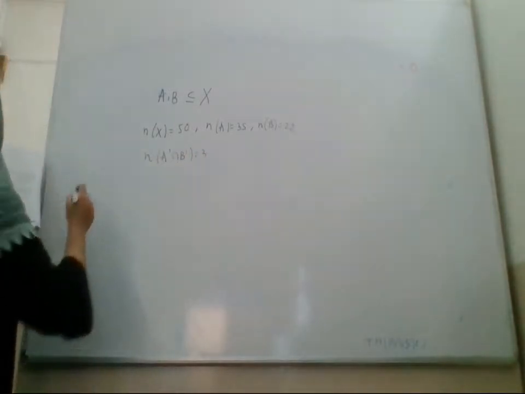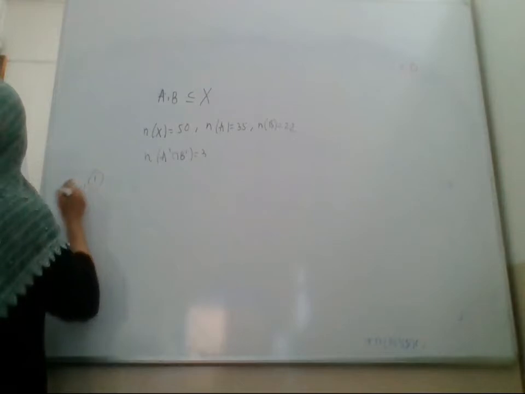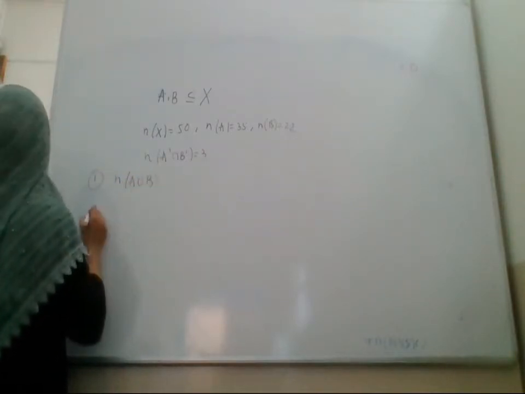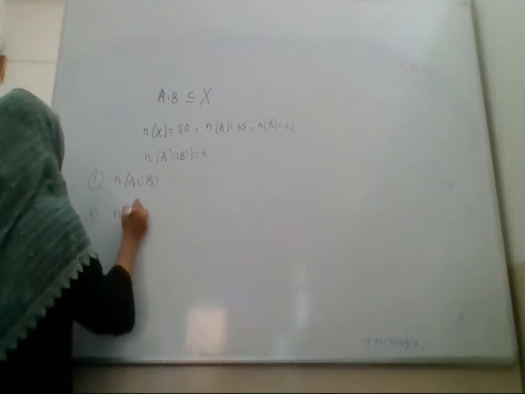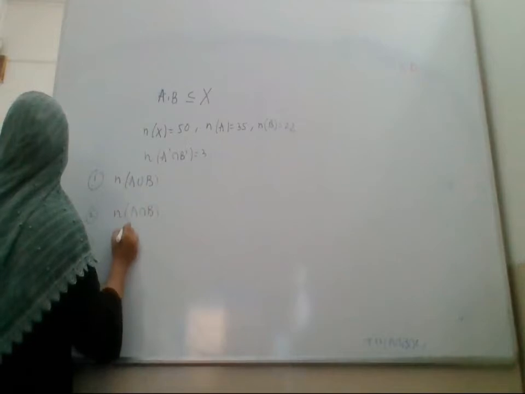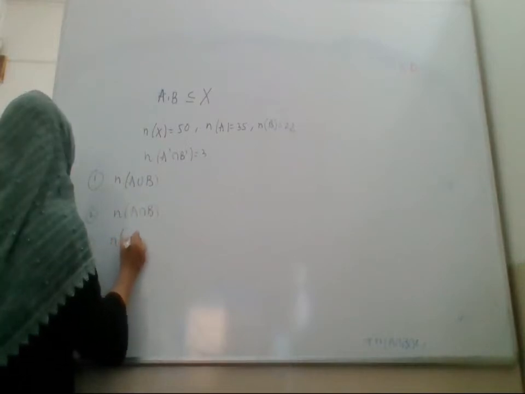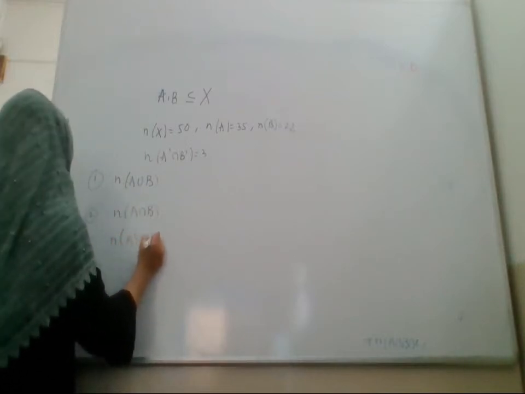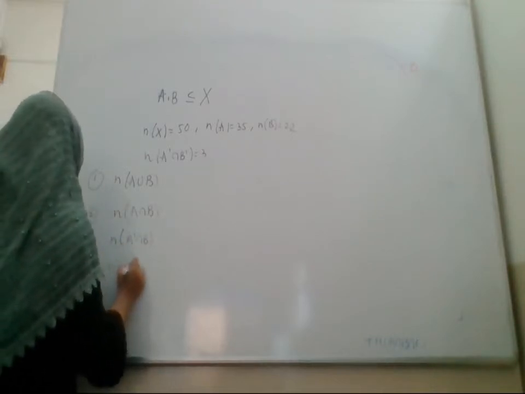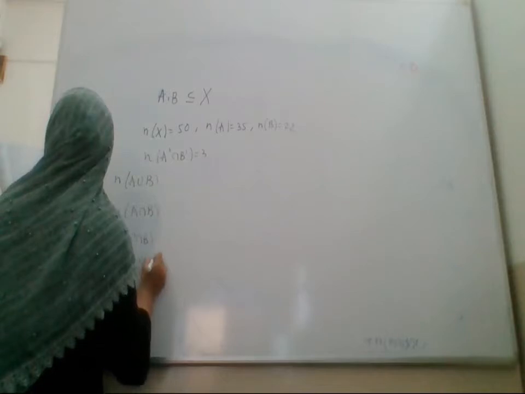Then find first cardinality of A union B, second cardinality of A intersection B, third cardinality of A intersection B complement, and the fourth one cardinality of A union B.